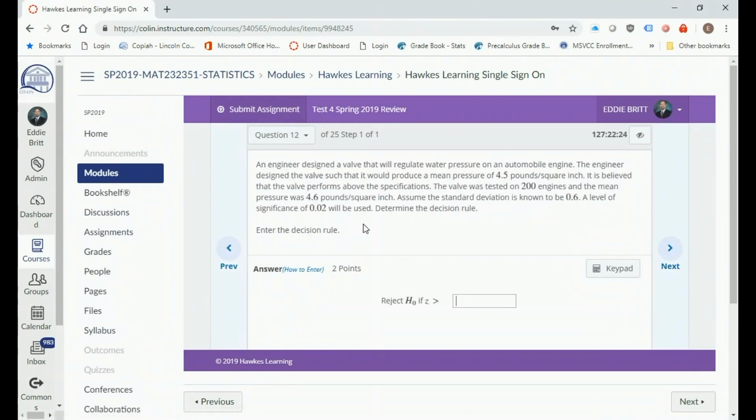All right. So what we basically have to figure out here, it says enter the decision rule, but we need to figure out what the critical value is. The critical value will tell us the place where we would have the rejection zone and the zone that's okay.